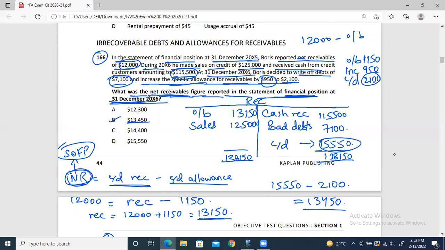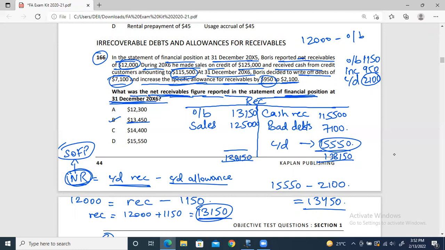For the T accounts, we only include the normal receivable account, which has the uncertainty involved in it. You can see this 13,150, the figure that we converted into normal receivable, has the uncertainty of 1,150, right? And this 1,150 was the opening allowance. In other words, it was the closing for the last year.